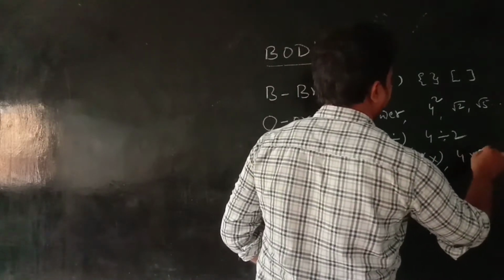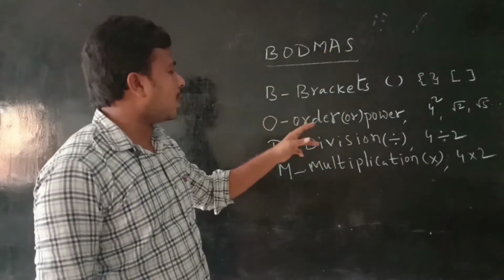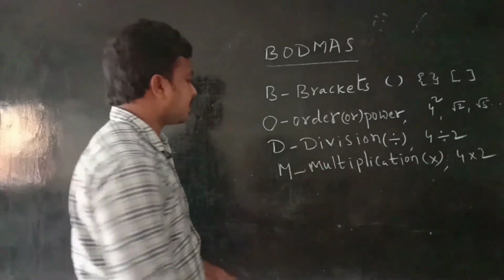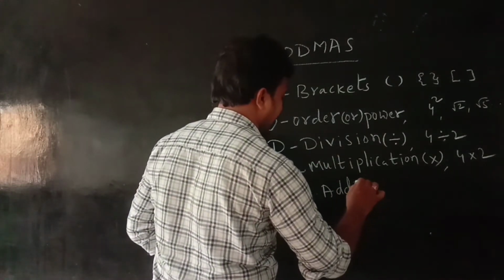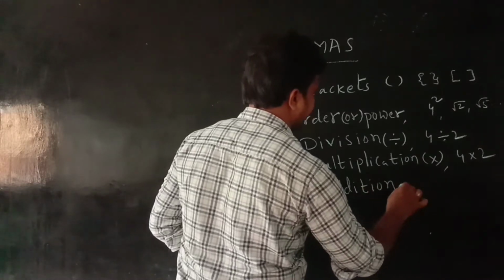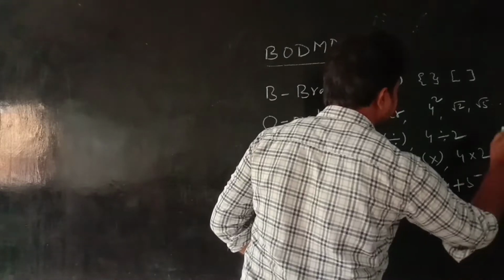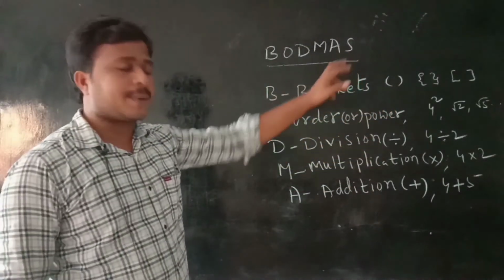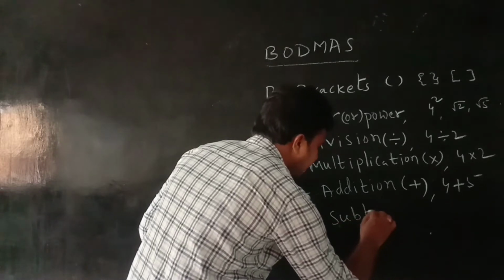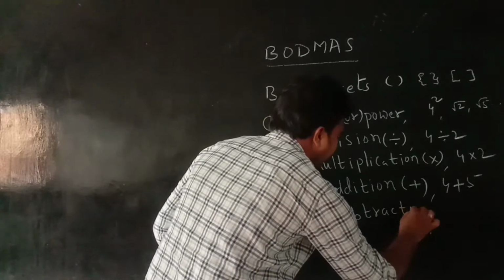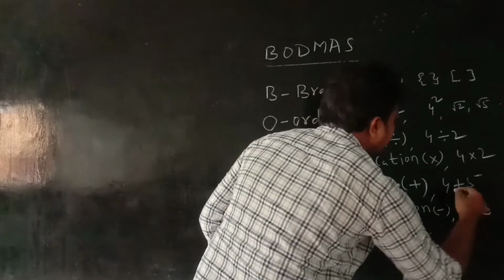Example, 4 into 2. Then addition, example 4 plus 5. And the last one is subtraction, 4 minus 3.